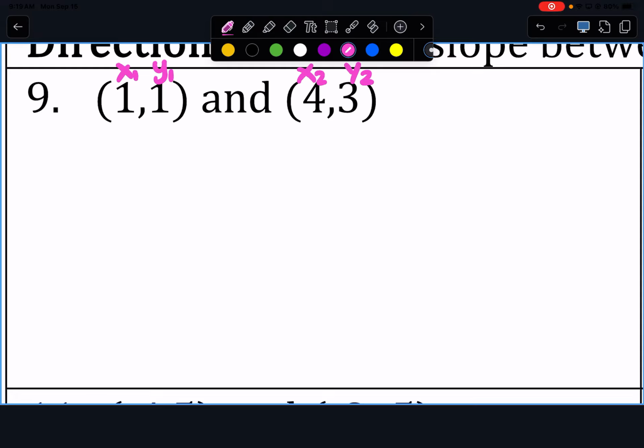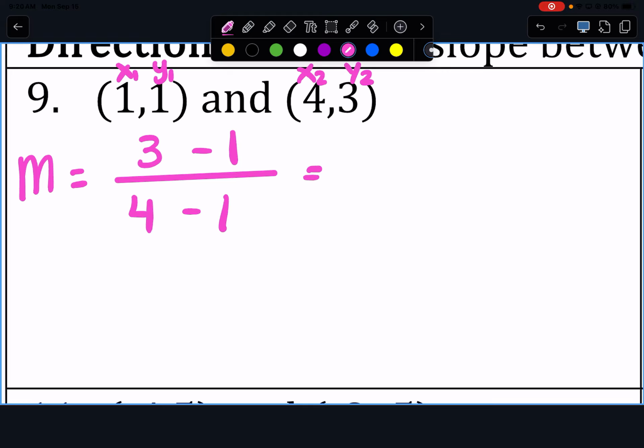Okay, now we can set this up. So we have our slope is equal to y2 minus y1, so which is what? Over 4 minus 1. So what is 3 minus 1? And then 4 minus 1 is? So it is 2/3.